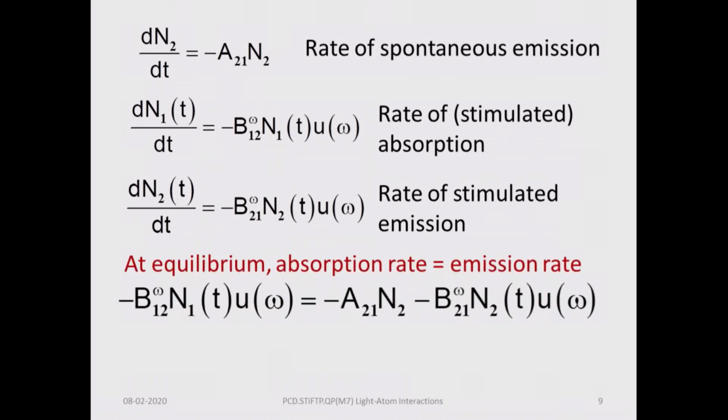And what Einstein proposed is that at equilibrium the absorption rate must be balanced by the emission rate, but the emission rate now has got two components, one is stimulated emission and the other is spontaneous emission, all right.